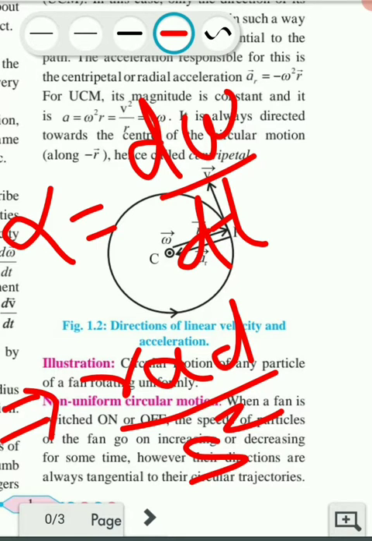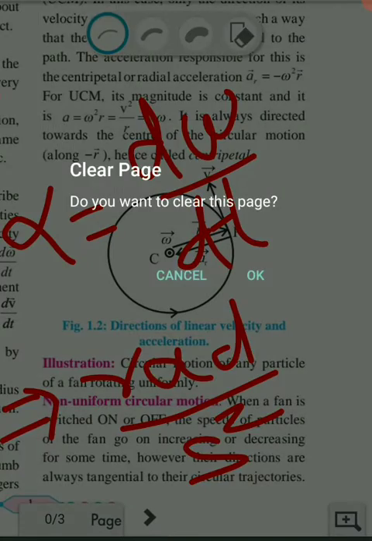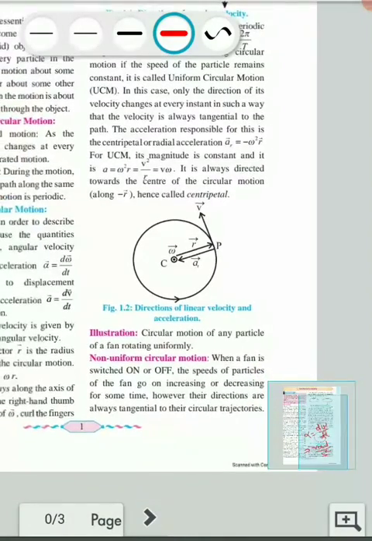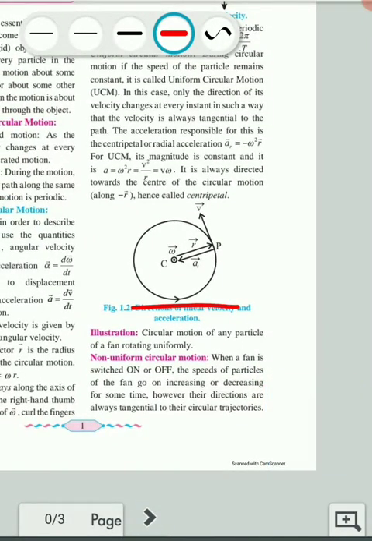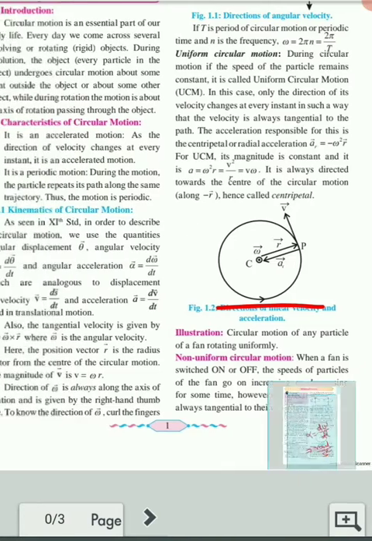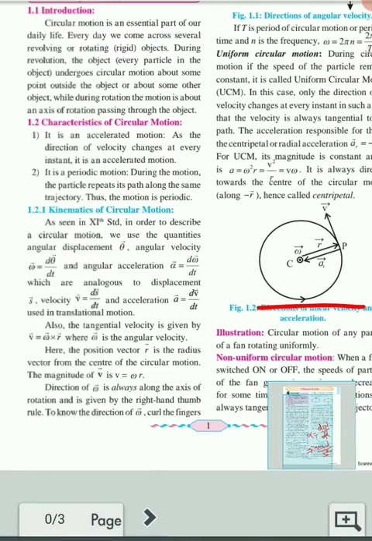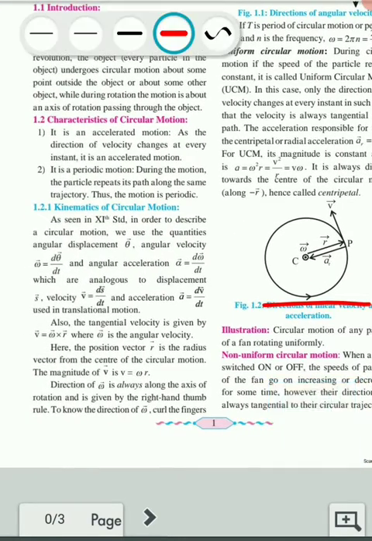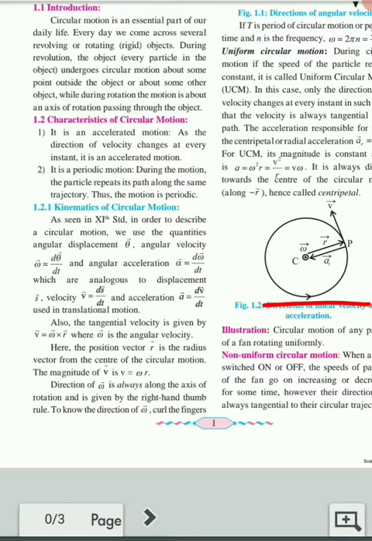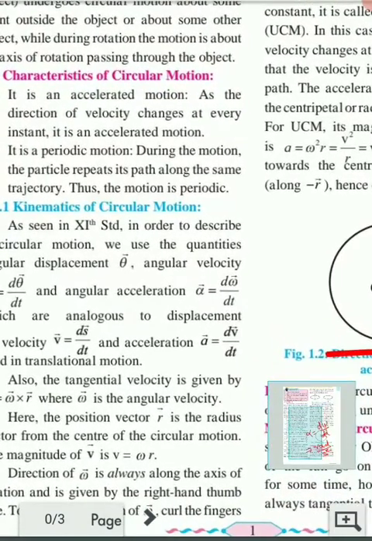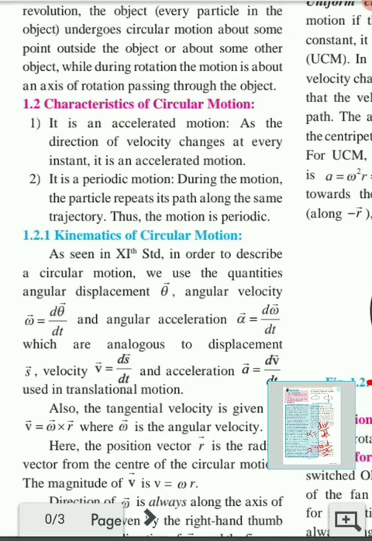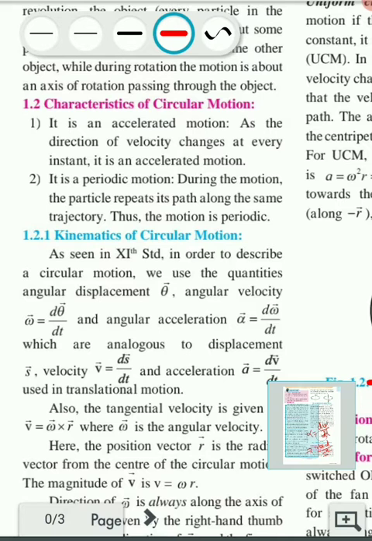Now here we can understand the characteristics of circular motion. There are mainly two characteristics of circular motion. First, it is accelerated motion.